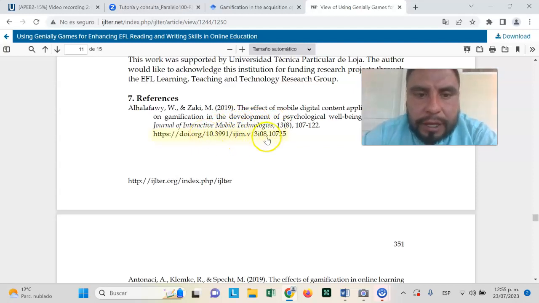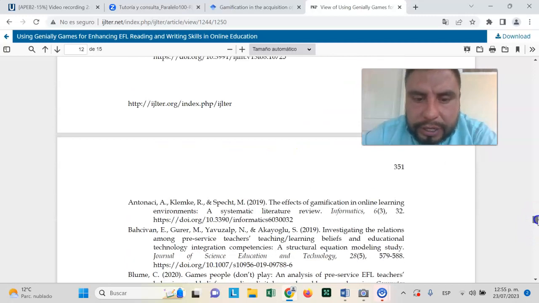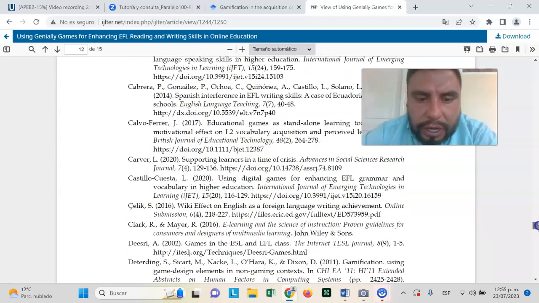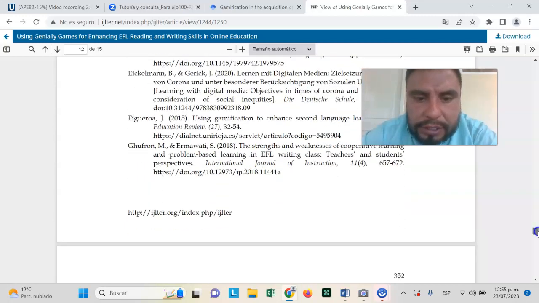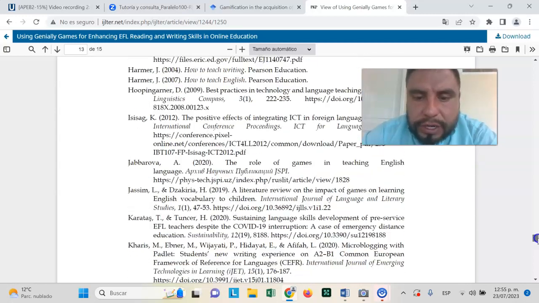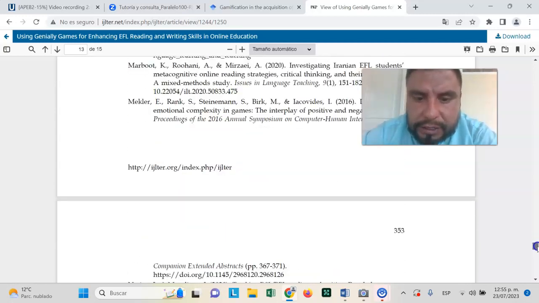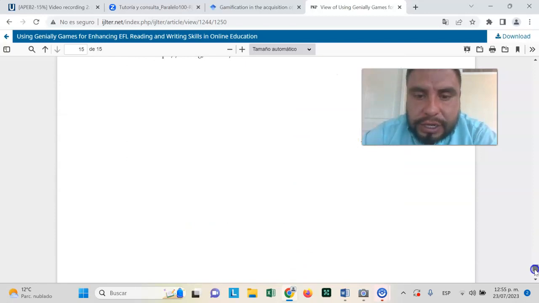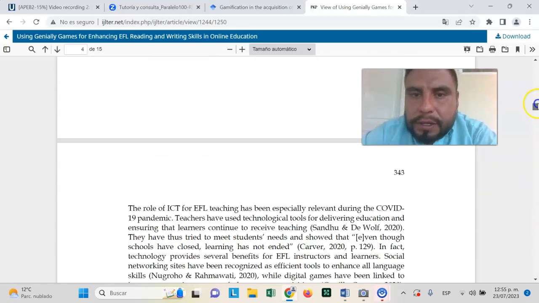Besides, we have the link of the resource where we can find it. Here we have some references which were cited in this research or journal article.